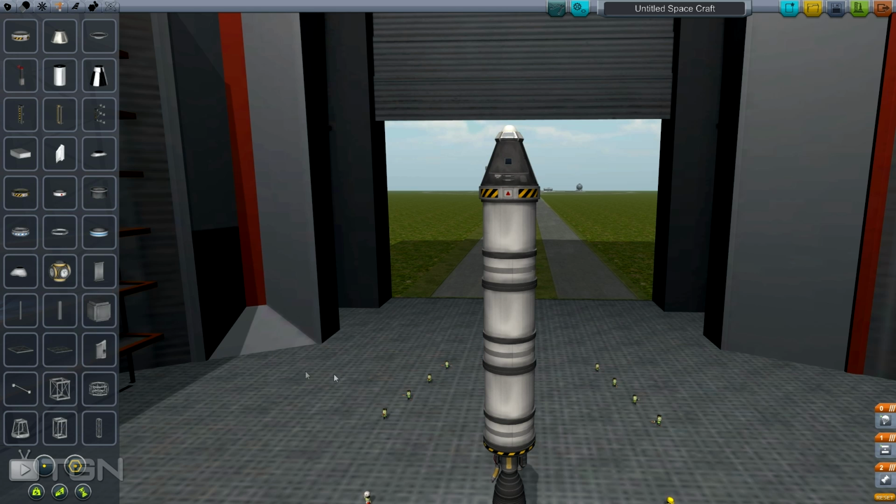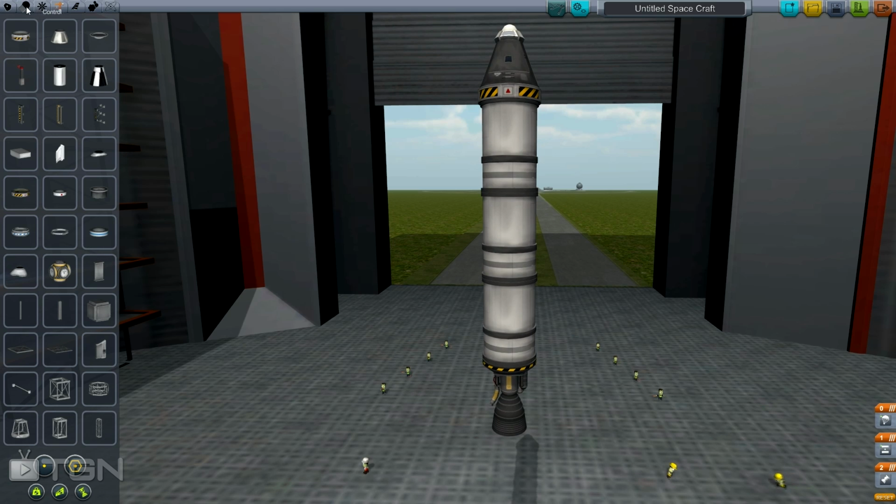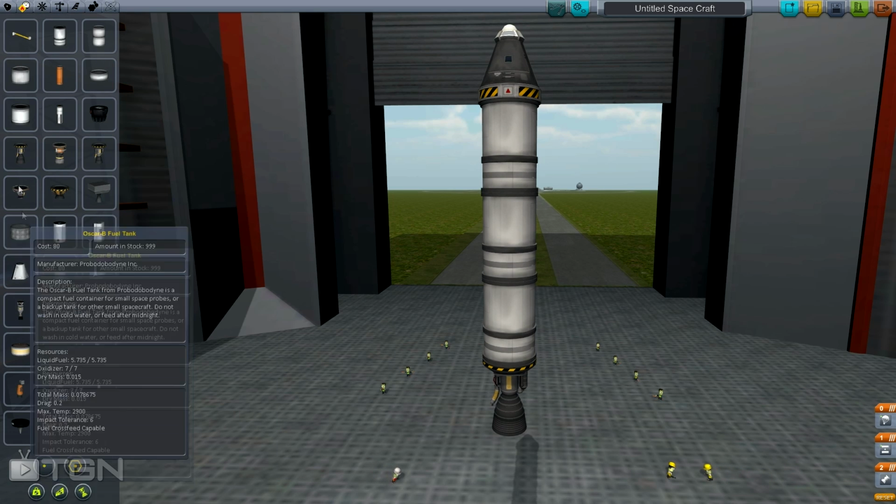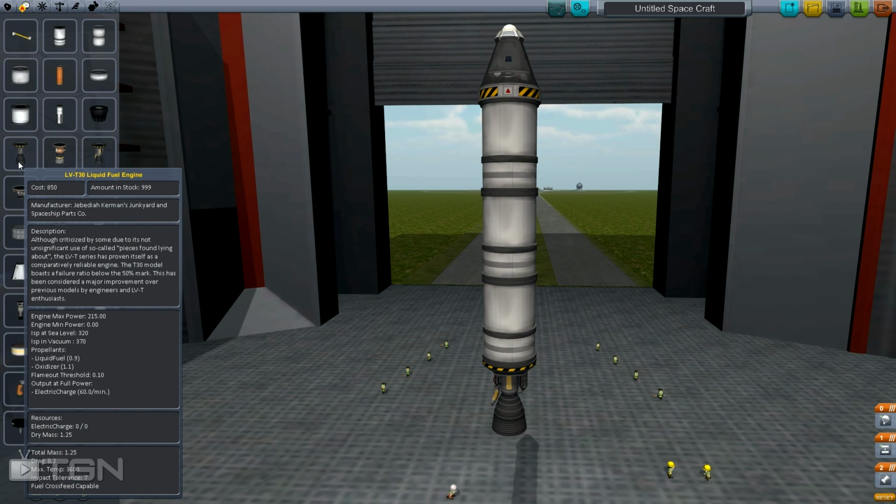So we get a mass of 7.7, plus, that's not even including the engine, mass of 1.25. So we get 8.95.